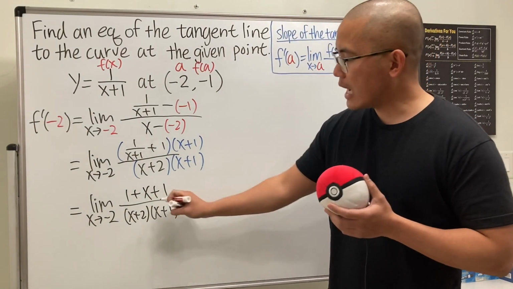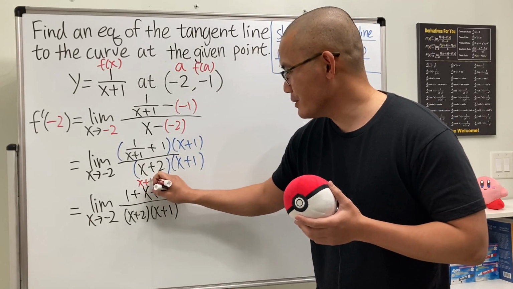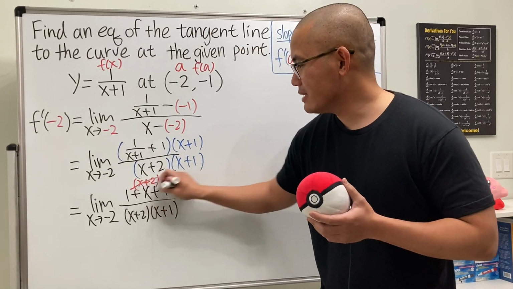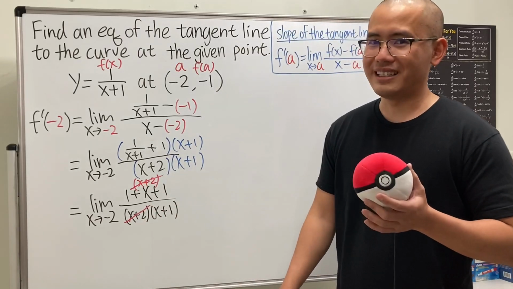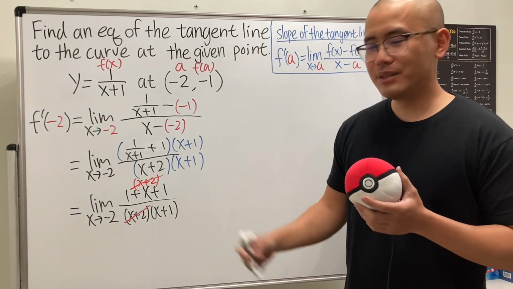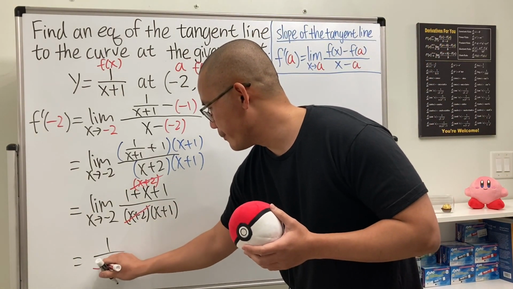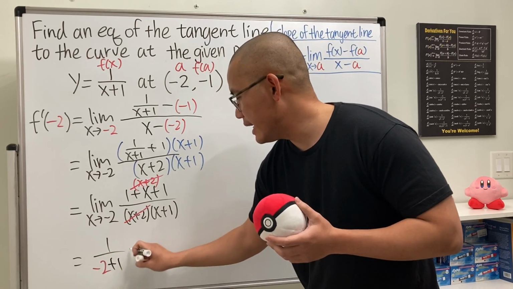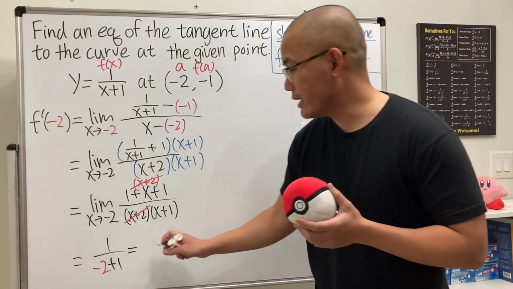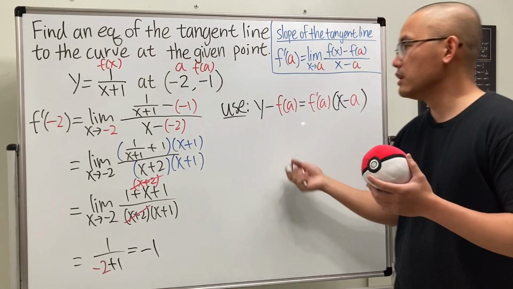And notice the top is just what? 1 plus 1 is 2, so the top is actually just x plus 2. And you see, this and that cancel out precisely. And then we can just put a -2 in here. So ladies and gentlemen, we get 1 over -2 plus 1, and that's going to give us -1 for the slope.